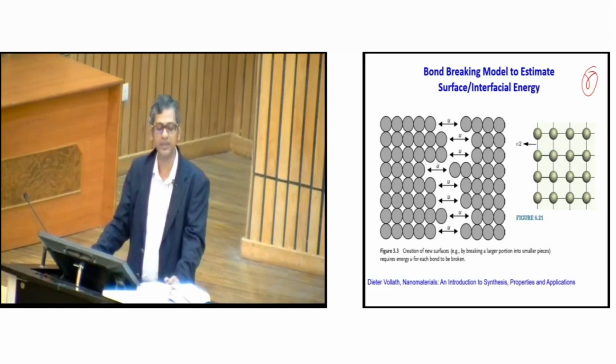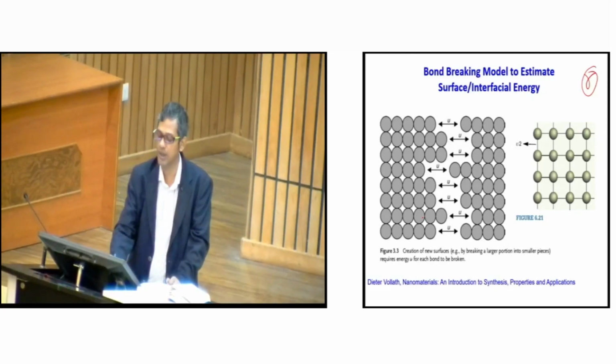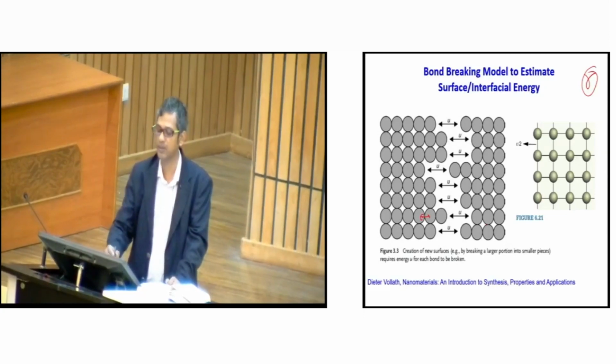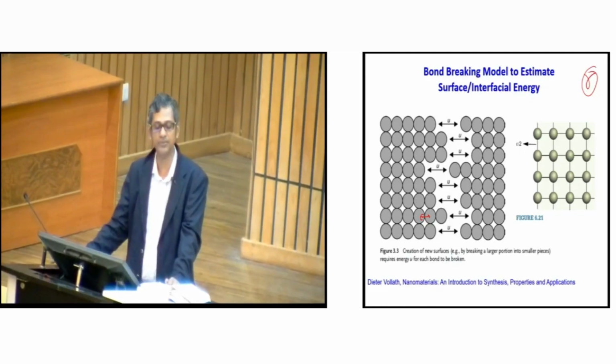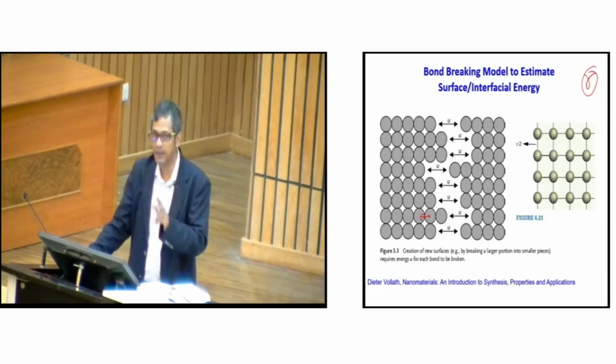In a simplified explanation, between two atoms in the lattice there is a bonding energy. Two atoms are bonded, as shown here by arrows. Now, in order to separate one bond, you have to spend energy U, because that is the bond energy between two atoms. But the moment you break a bond, you separate two atoms.